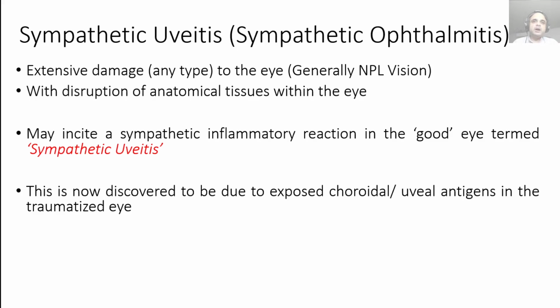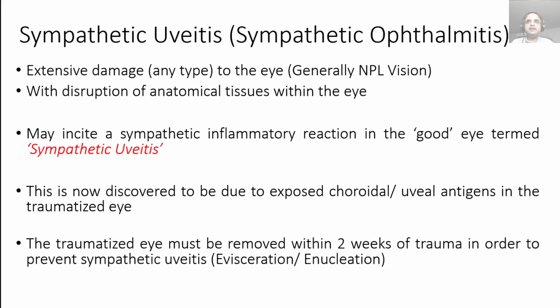So what do we do? How do we prevent this? The surprising thing was that this disease started in the good eye between 2 weeks and up to 40 years after the trauma to the eye. Such a long duration, but it was usually after 2 weeks.